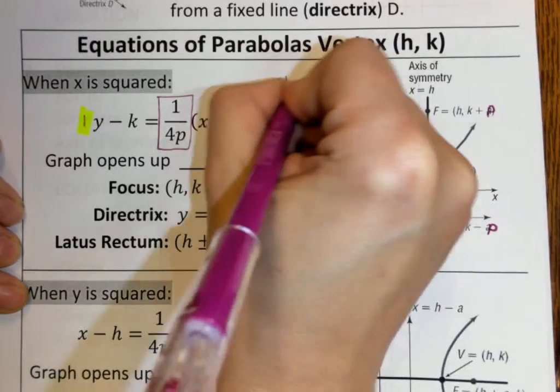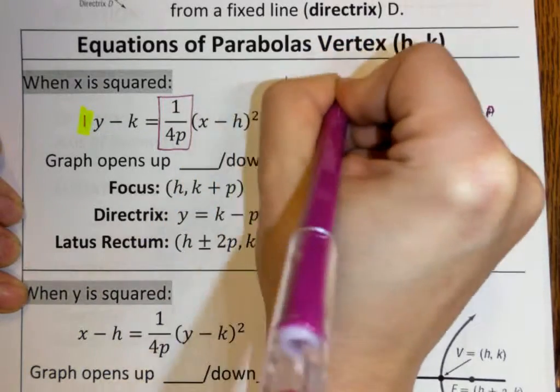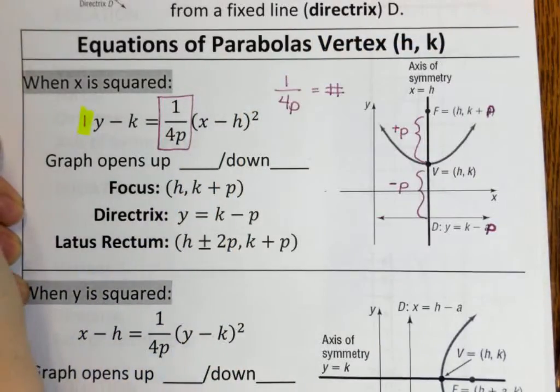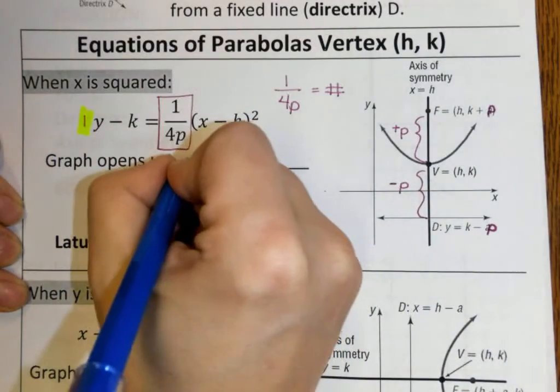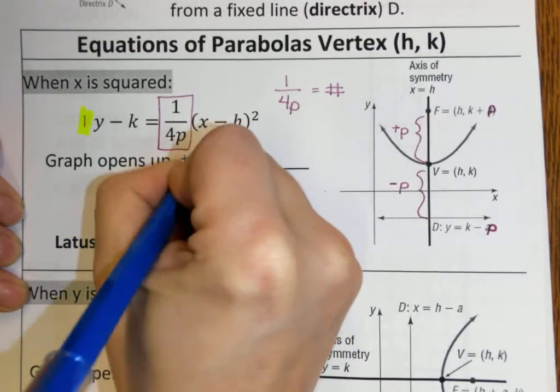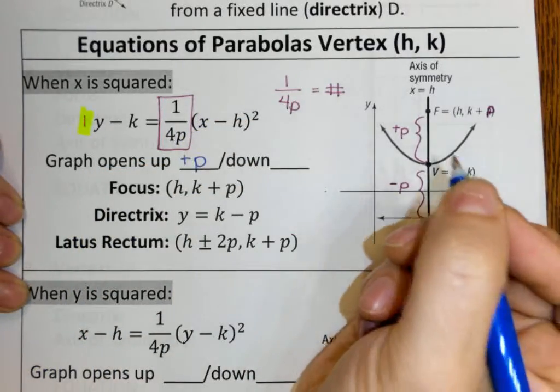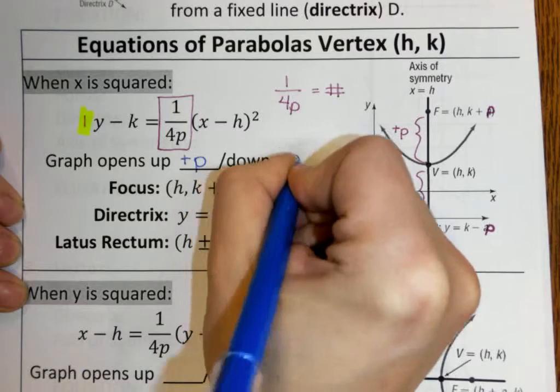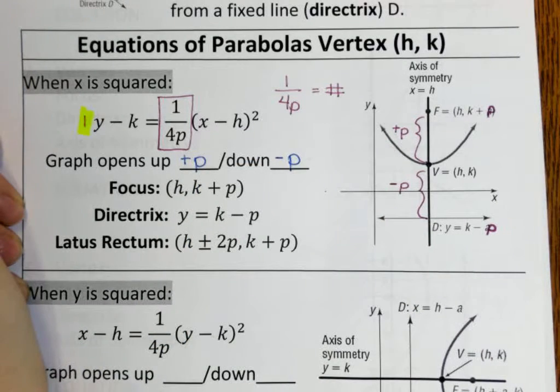So you will say 1 over 4p is equal to whatever number you see there, and you'll have to solve for the p. Now, your graph is going to open up if your p is positive. Your graph is going to open down if your p is negative.